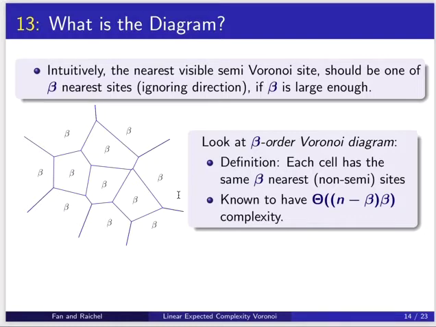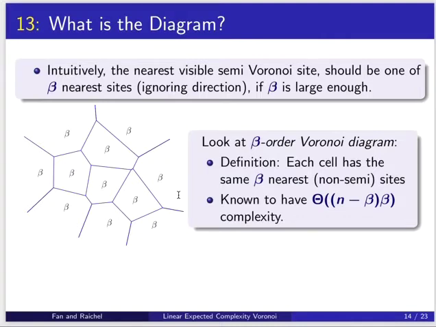Intuitively, the least visible semi-Voronoi set should be one of the beta least sites in equal directions, if beta is large enough. So look at the beta-order Voronoi diagram. The definition is that each cell has the same beta least sites, and it has (n minus beta) times beta complexity.